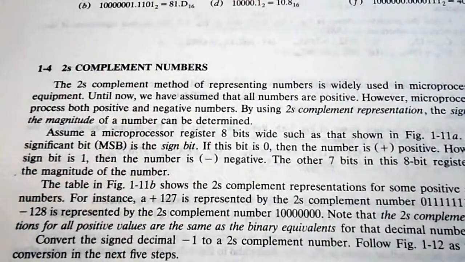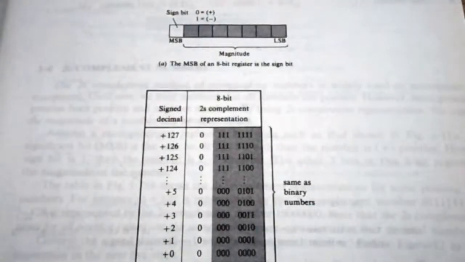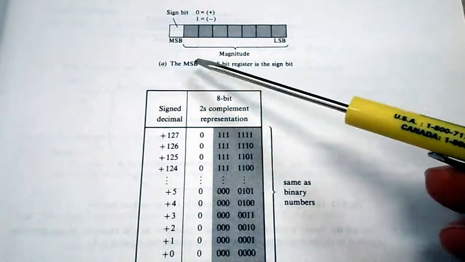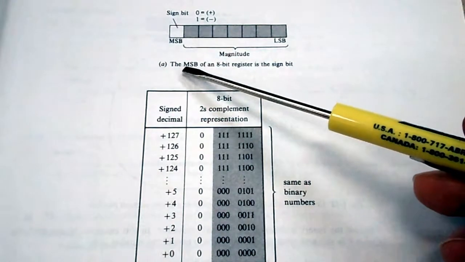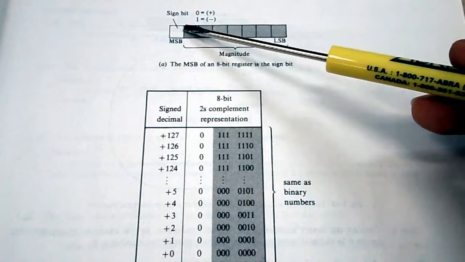And 2's complement was covered on page 10, or section 1-4. Figure 1-11 shows us the 2's complement representation of positive and negative numbers. Just wanted you to note here, in part A of figure 1-11, the most significant bit is the sign bit.